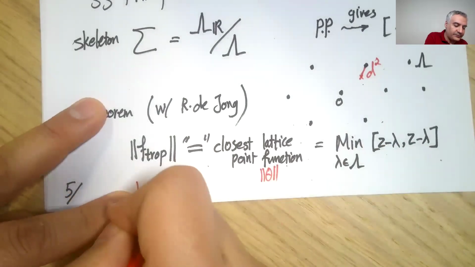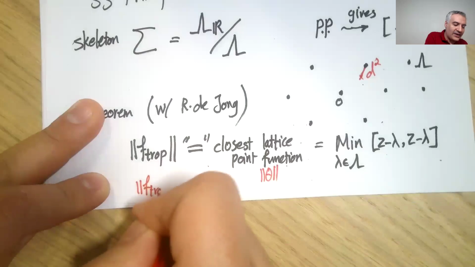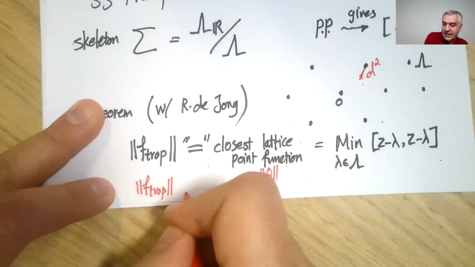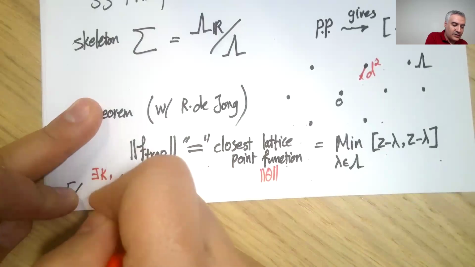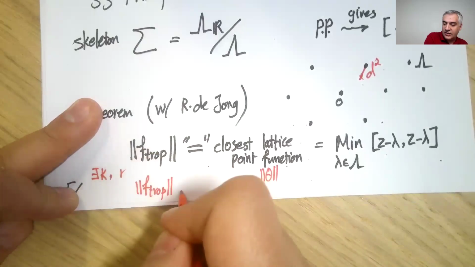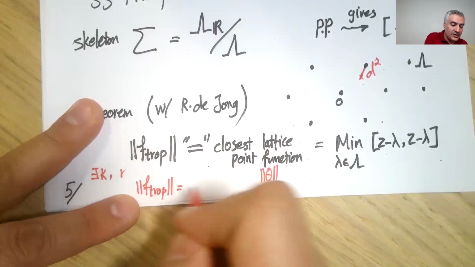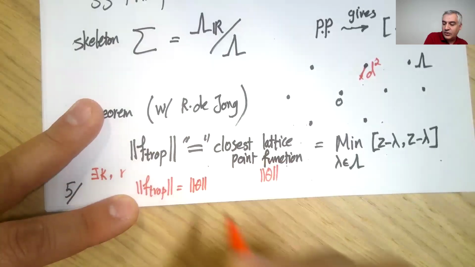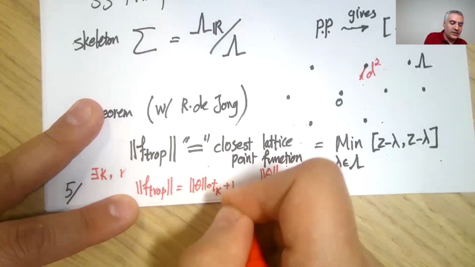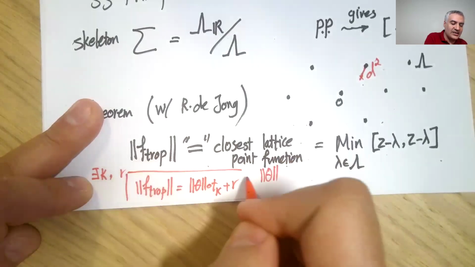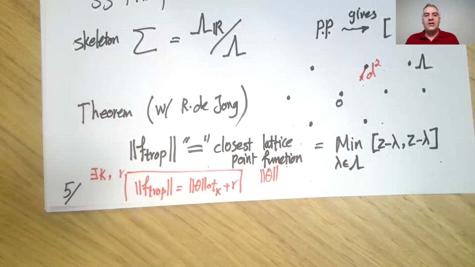So a more accurate version of F trop is that there exists some kappa and some r such that this is the closest lattice point function up to a translation plus some real number. So there's a translation and some shift involved, but those things can be worked out as well. But more or less, this F trop is this function.